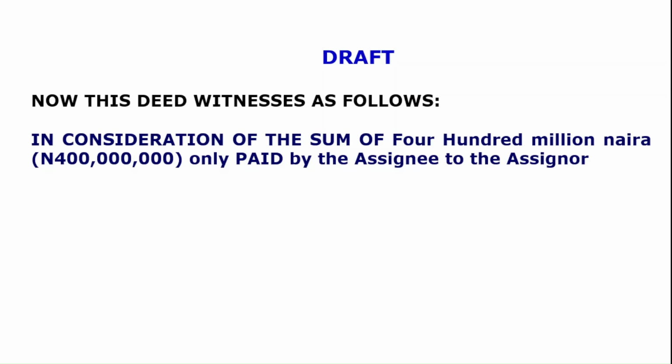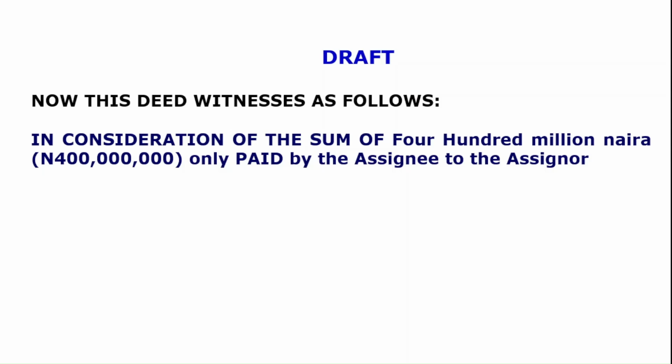Now, if what I gave you from the start was just this draft, you'd be able to deduce that the assignee is to pay 400 million naira to the assignor in relation to this sale of land transaction, and that this is not a gift because consideration is involved, and parties have agreed that 400 million naira will be the amount to be paid so that the assignor can transfer his interest in the land to the assignee.